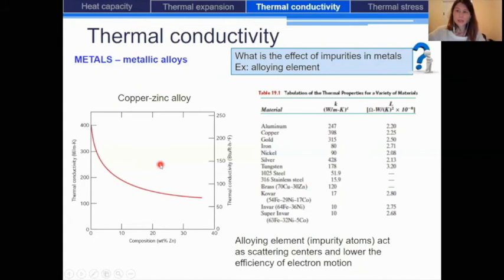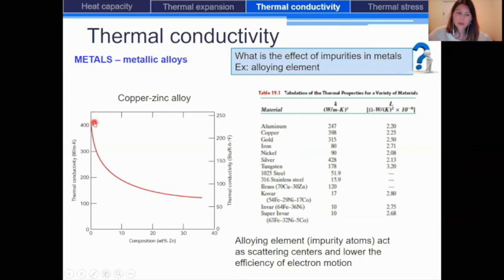And what about metallic alloys? What is the effect of impurity in metals? Let's remember that when we are talking about alloys, we are introducing other metallic elements to the pure metal, and so we are calling them impurities. On this figure is represented the impact of the composition of the copper-zinc alloy, so increasing the content of zinc. What is the effect on the thermal conductivity?